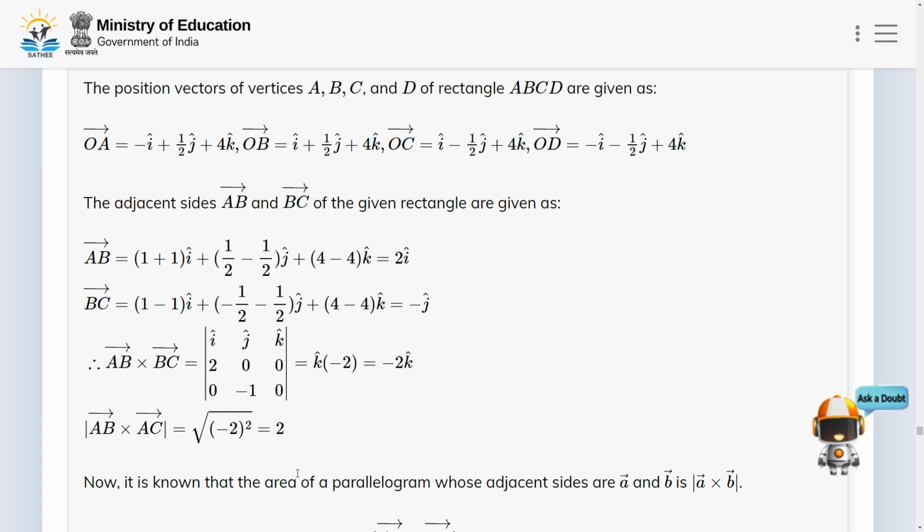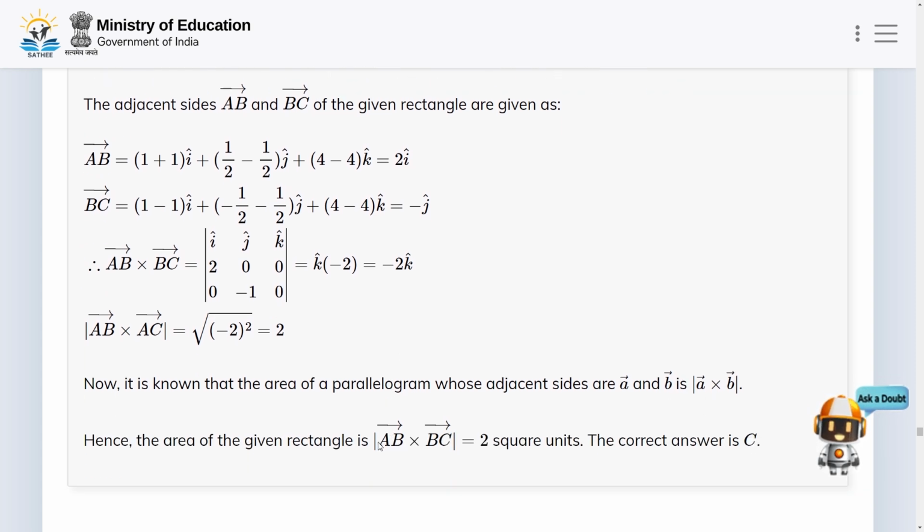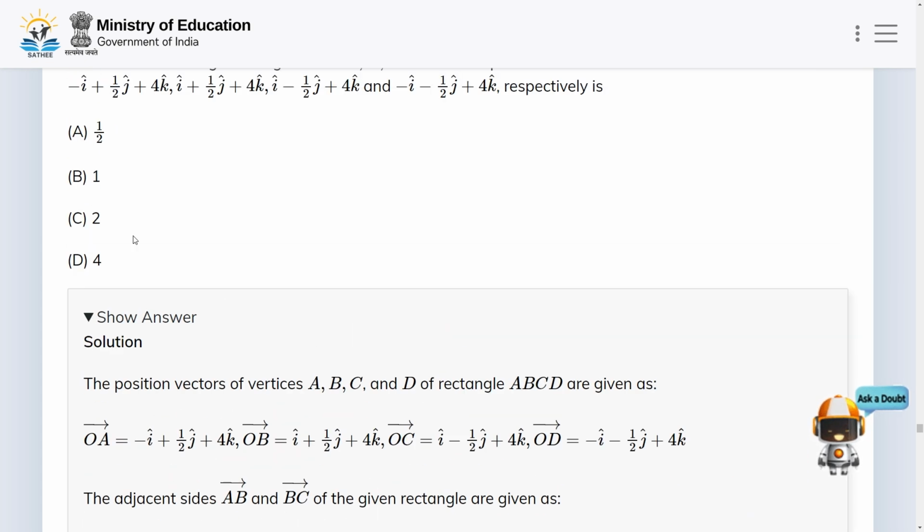The area of a parallelogram whose adjacent sides are A and B will be the magnitude of A cross B. This means your area will be the magnitude of the cross product of AB and AC. This means 2 square units. So the answer C will be your correct answer.